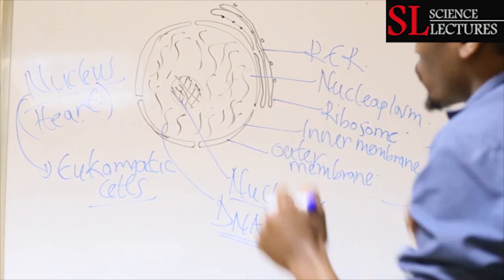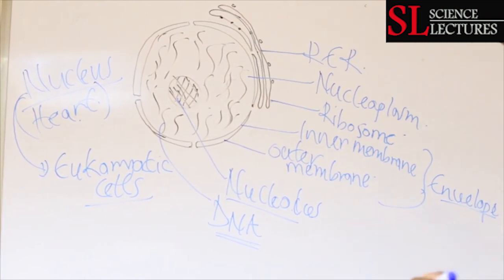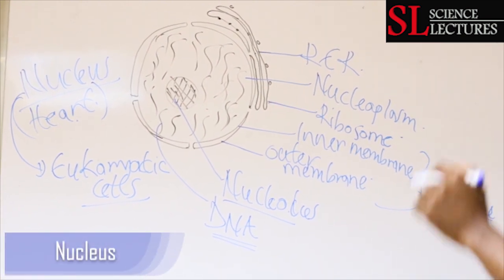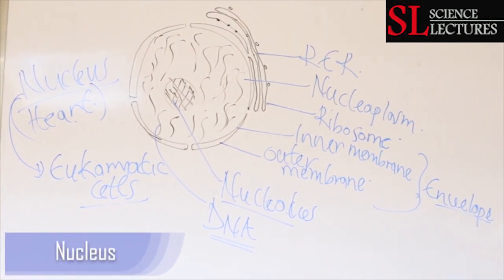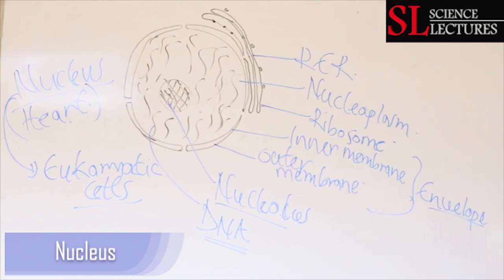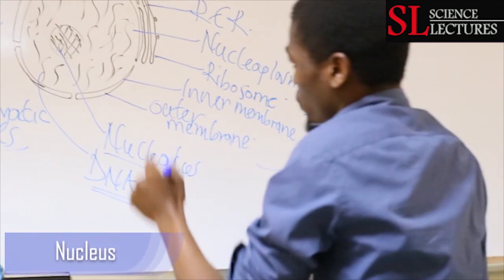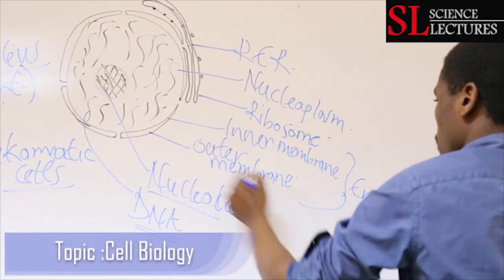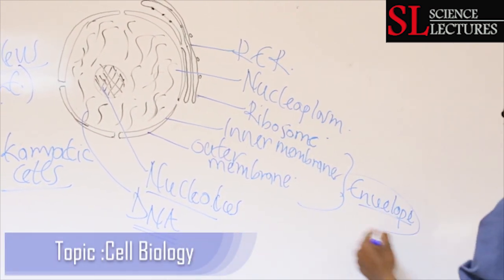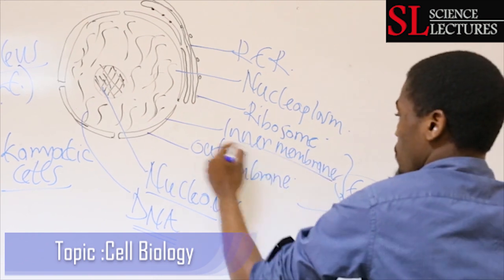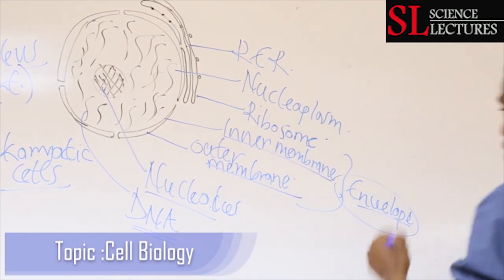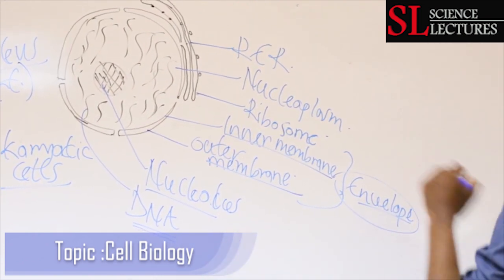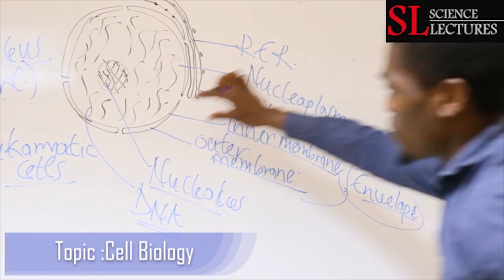But again, we need to look at the functions of each of the components. First, it is a double membrane organelle, with an envelope made up of the inner membrane and the outer membrane.